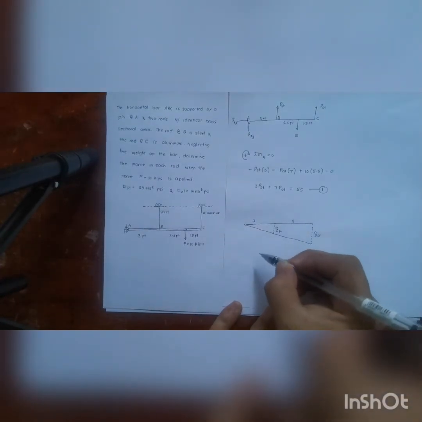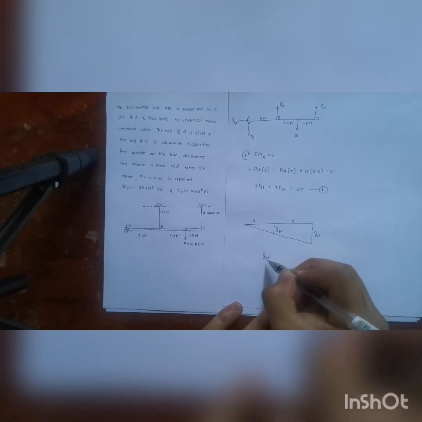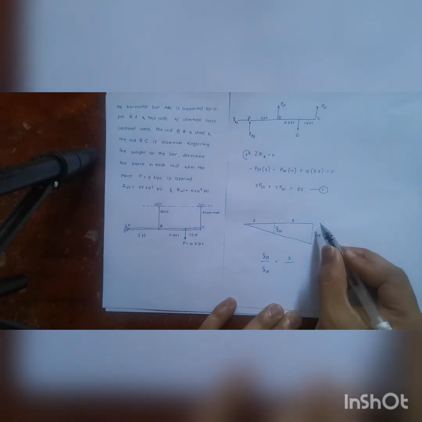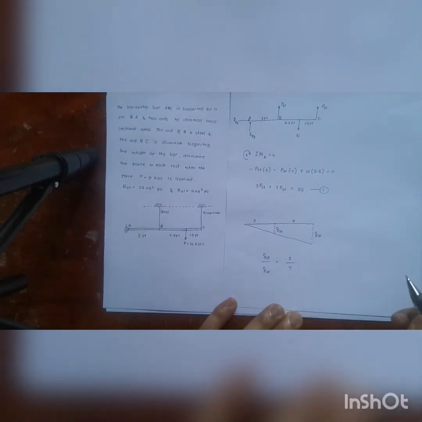From here, we can use ratio and proportion to relate the deformation of steel and aluminum. By ratio and proportion, the deformation of steel corresponds to the deformation of aluminum as 3 feet corresponds to the total base, that is 7.